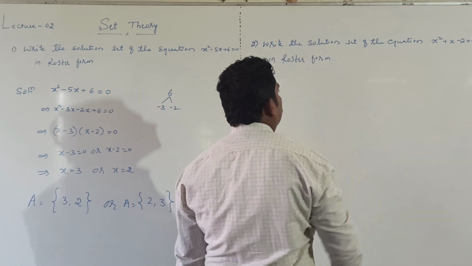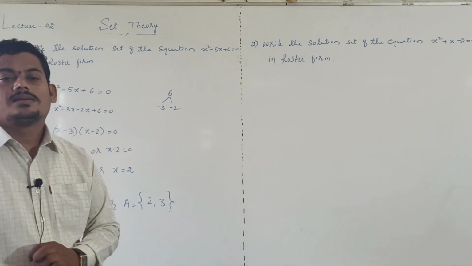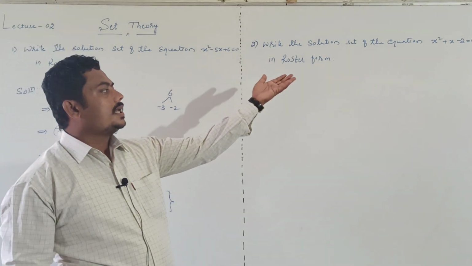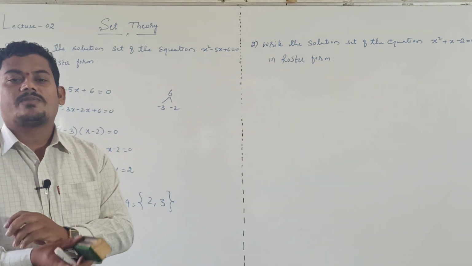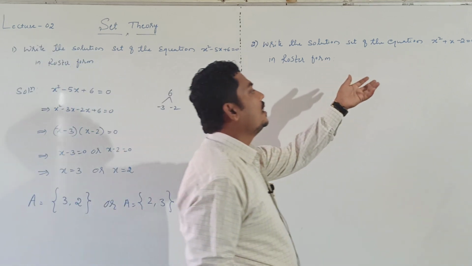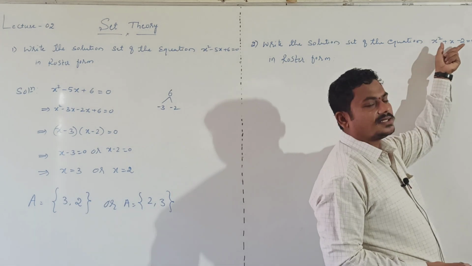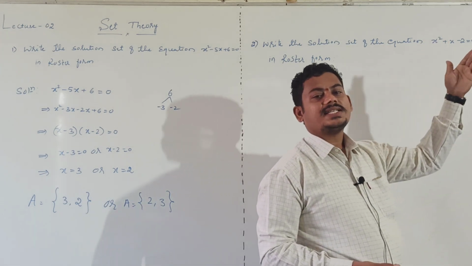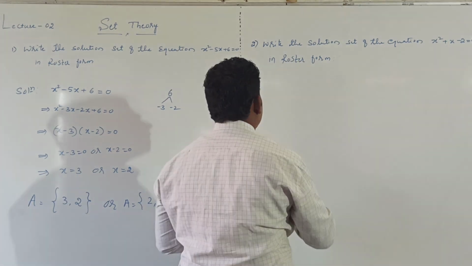This is given question. Write the set in roster form. Roster form means list out all the elements. Just find the solutions, means roots of this quadratic equation, then write the roster form.